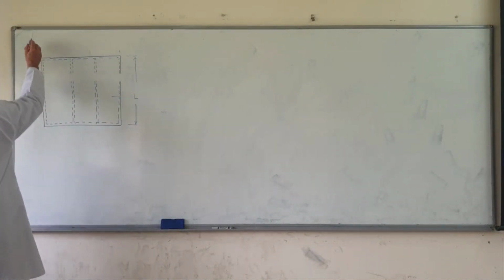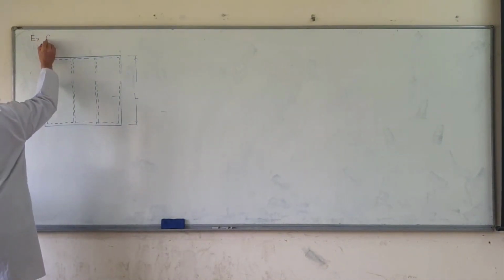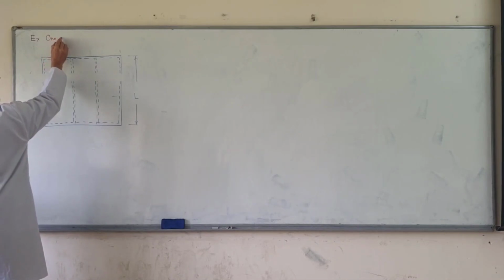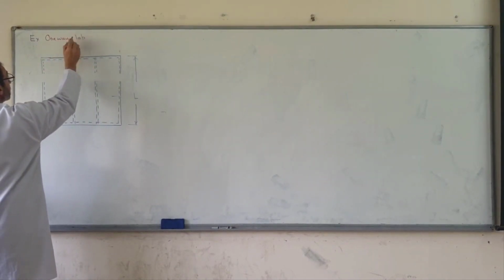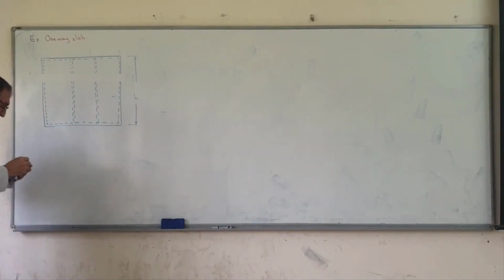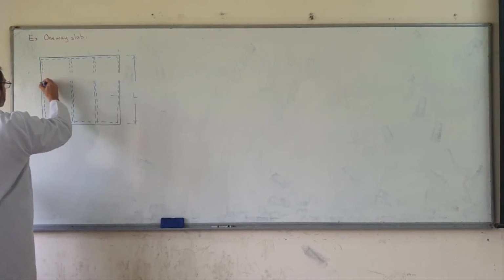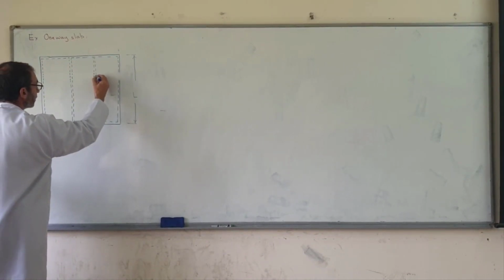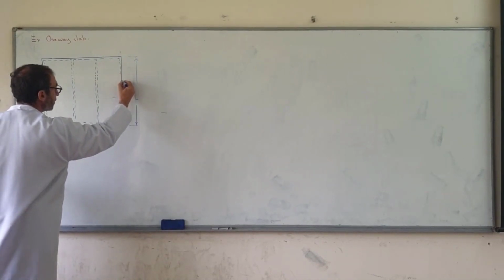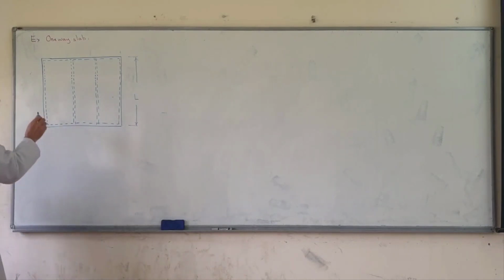An example of a one-way slab. We have an example on a one-way slab. One-way slab, for example, I have these slabs.